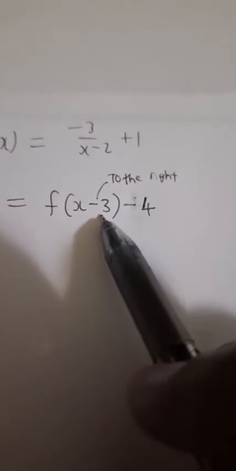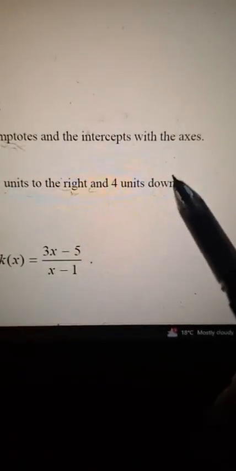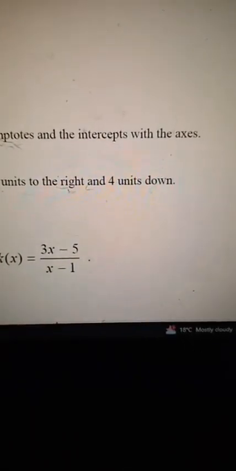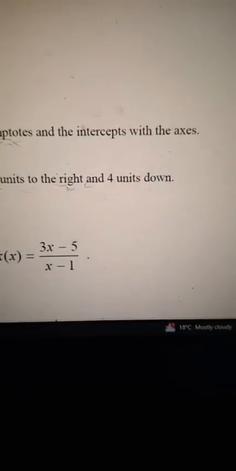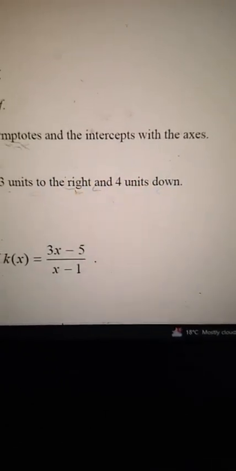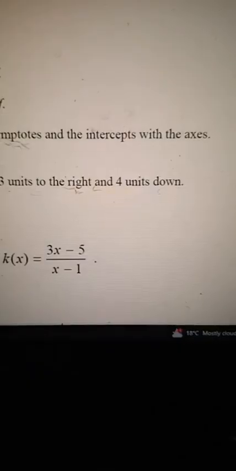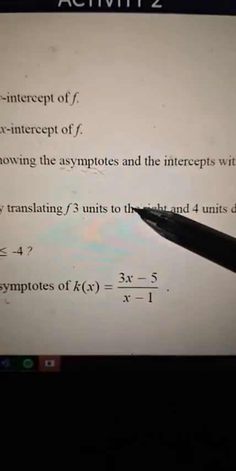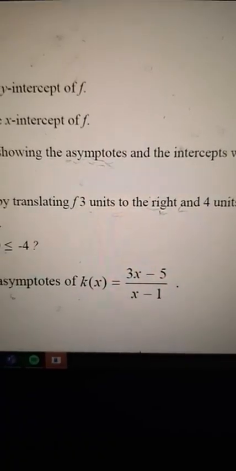We say minus 3. Then they said 4 units down. It means exactly what you are thinking. If something is moving down, then you are subtracting. If something is moving up, then you are adding. There's nothing counterintuitive when we are moving up and down. But when moving left and right, it is not what my mind would normally think.